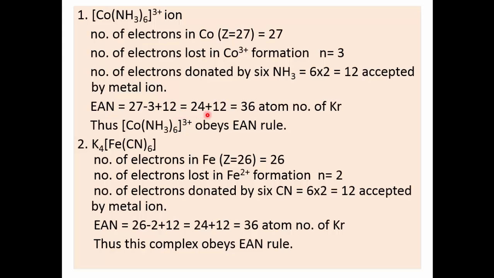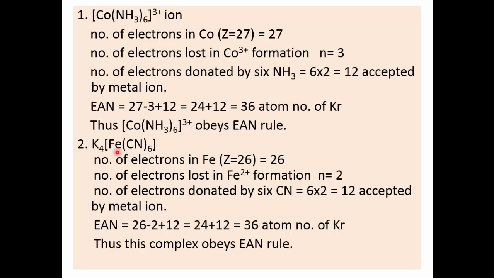So this becomes 24 plus 12, that means 36. We know that this is the atomic number of krypton. Krypton is the inert gas, and therefore we say that this complex obeys effective atomic number rule, that means EAN rule. Got it?